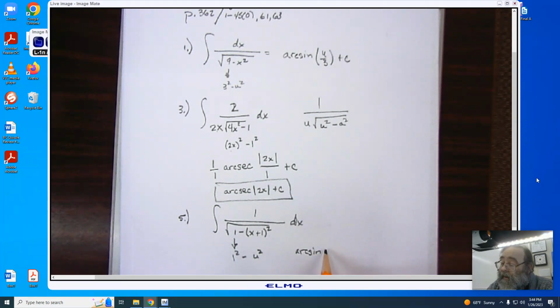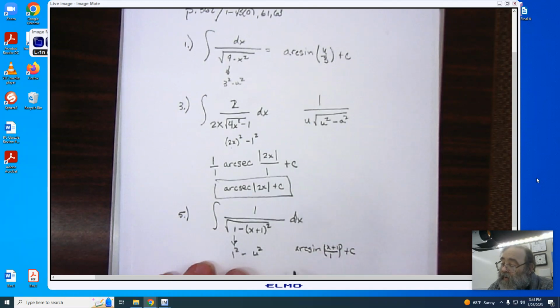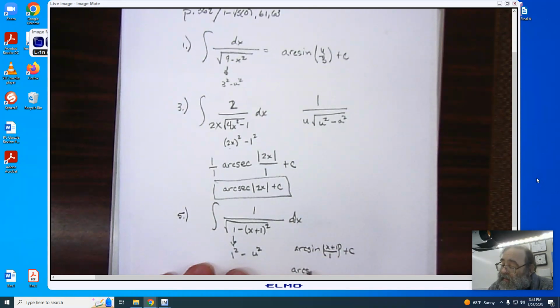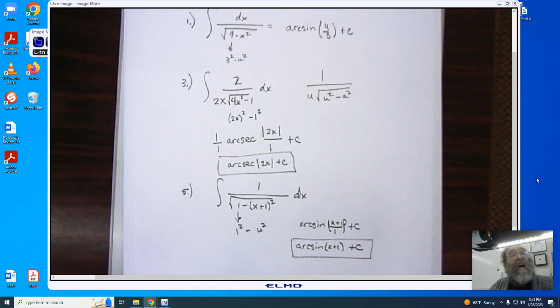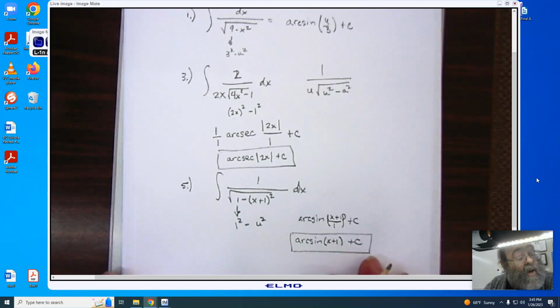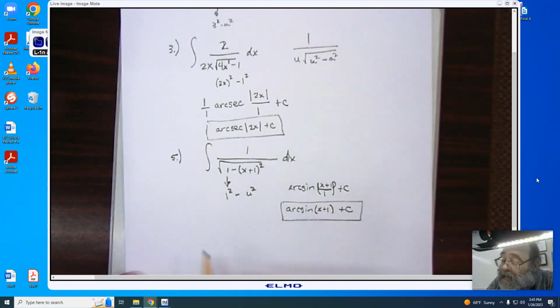Arc sine, and I'm going to have x plus 1 divided by 1 plus c. Rewriting it as arc sine of just x plus 1 plus c yields the answer. And there's number 5.